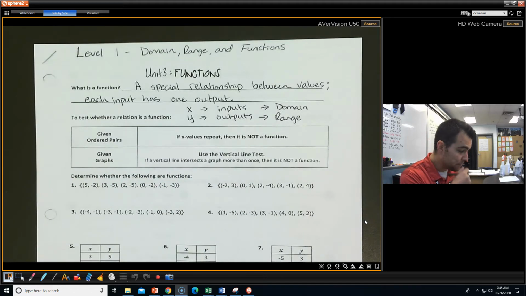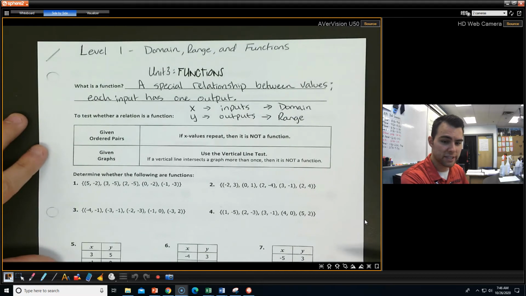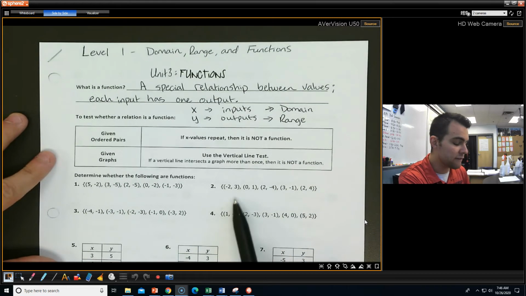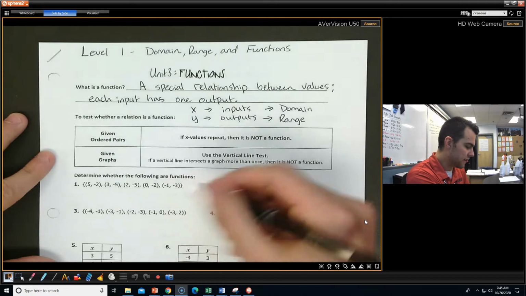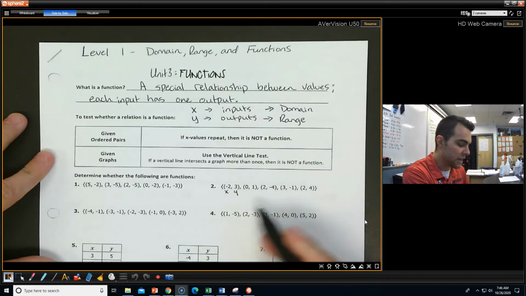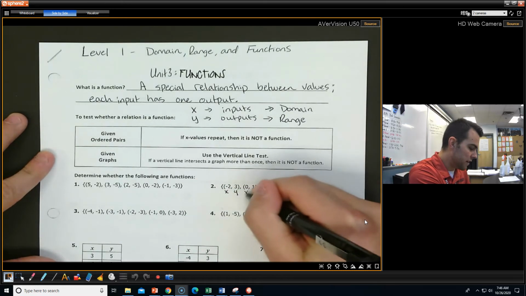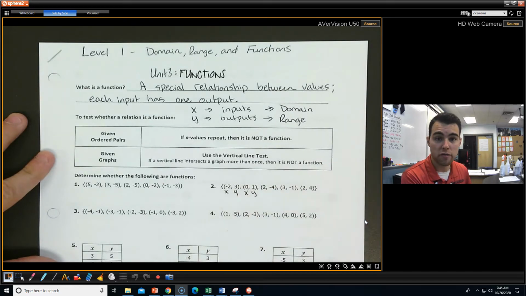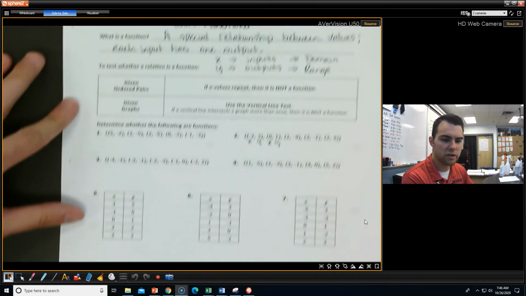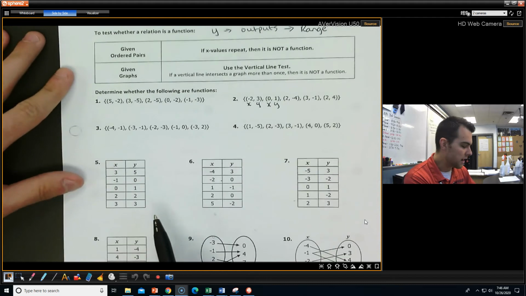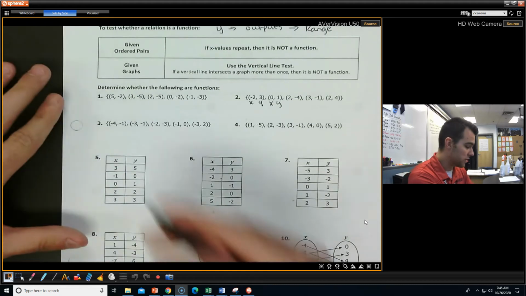So now let's actually use those and see how we can apply them. So, like I said, relationships can be found in math in a variety of ways. Usually, if you're looking through these examples, we've seen where we have ordered pairs, right? We have an x value and we have a y value right here. X value, y value here, and so on and so forth, okay? But we also have table of values, right? Again, we have our inputs and we have our outputs, okay?